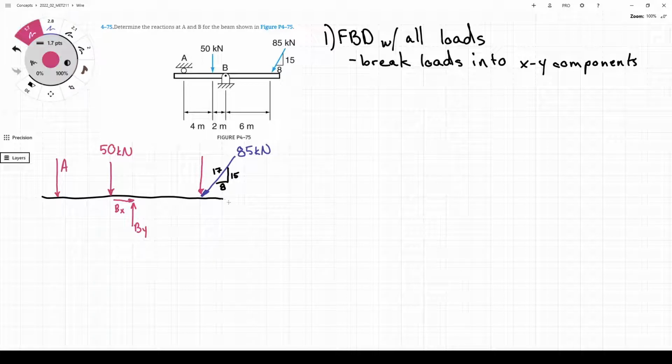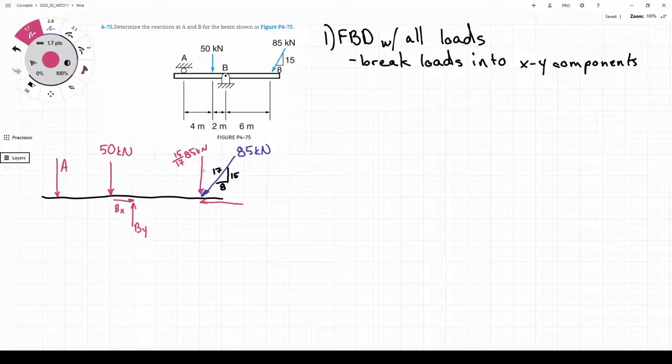So we're going to have a vertical component and a horizontal component. We're using similar triangles. We know that this 8, 15, 17 triangle is similar to the triangle that includes the 85 kilonewton force and the X and Y component forces.